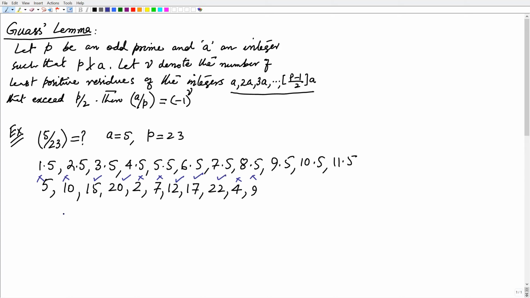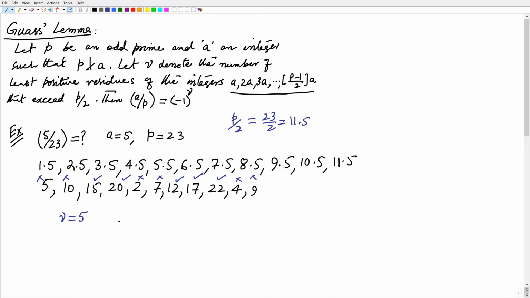So nu is the number of integers that exceed p/2. Here p/2 is 23/2, which is 11.5, and the numbers exceeding 11.5 are 12, 15, 17, 20, 22, so nu is 5.